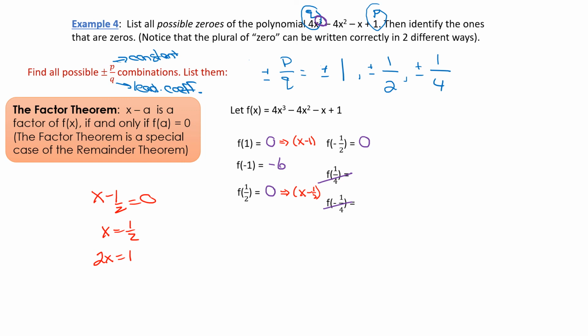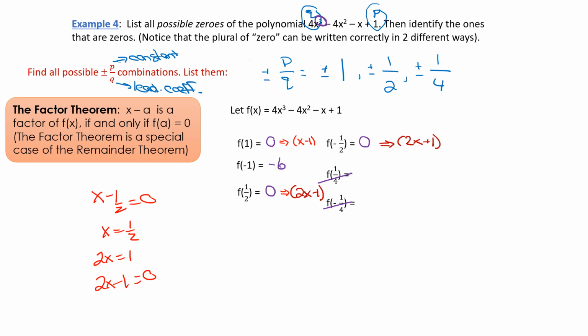Now I can bring the 1 back over again, 2x minus 1 equals 0. So there's my factor. The factor that I'm going to write here is 2x minus 1. And this one yields a factor, we do the same thing that we did before, and we write it as a linear factor of 2x plus 1.